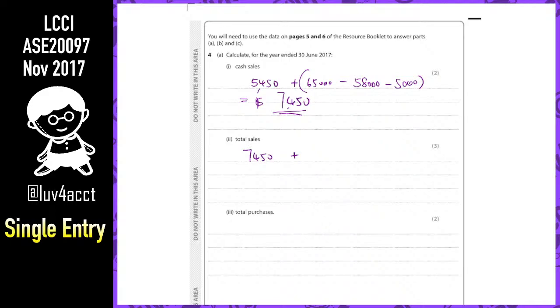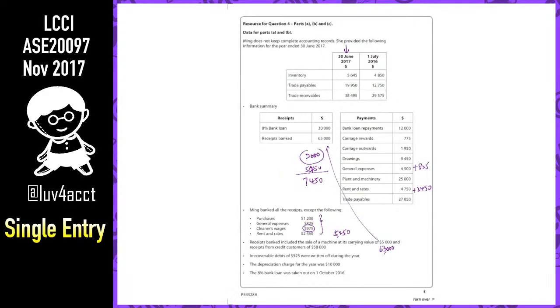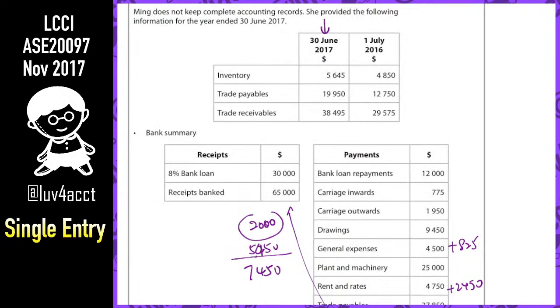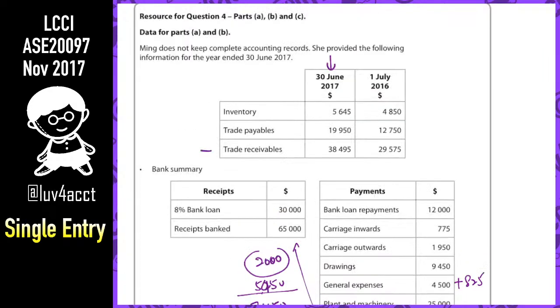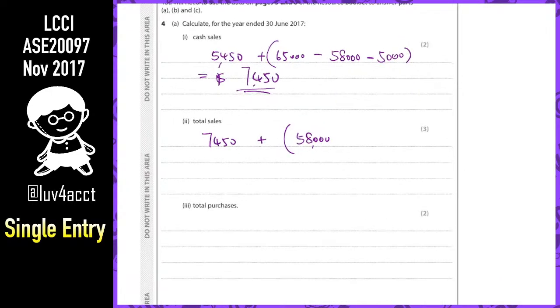Total sales. We have to calculate total sales: cash sales 7,450 plus 58,000 receipt from trade receivables. Okay, and then these are receipts. And then we have the trade receivables opening and closing balance, 29,575 for opening, 38,495 for closing. So we have to reduce the amount of the opening balance, because these are amounts that we receive but for last year's sales, plus closing.